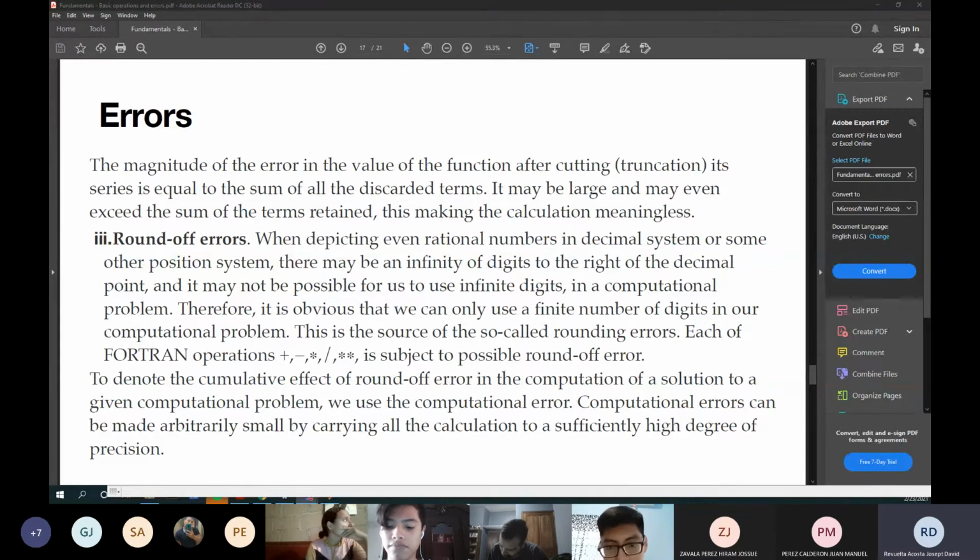So in this case, we also have to be aware of these errors, because every time Fortran or R perform any operations such as addition, subtraction, multiplication, divisions, or exponentiation, this is actually an operation that introduces a certain amount of error.